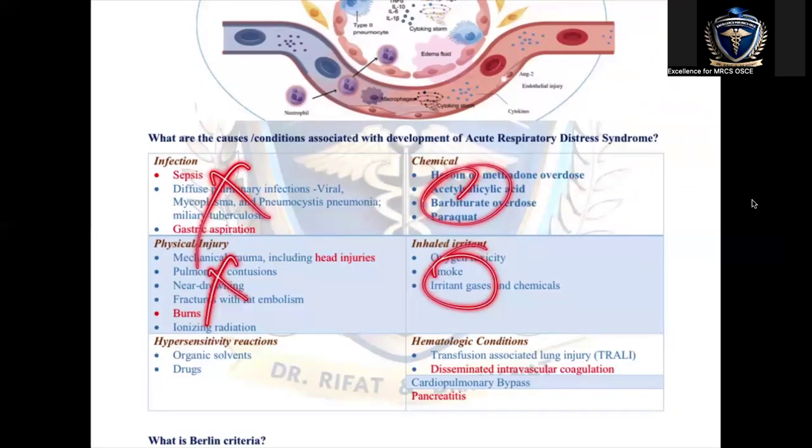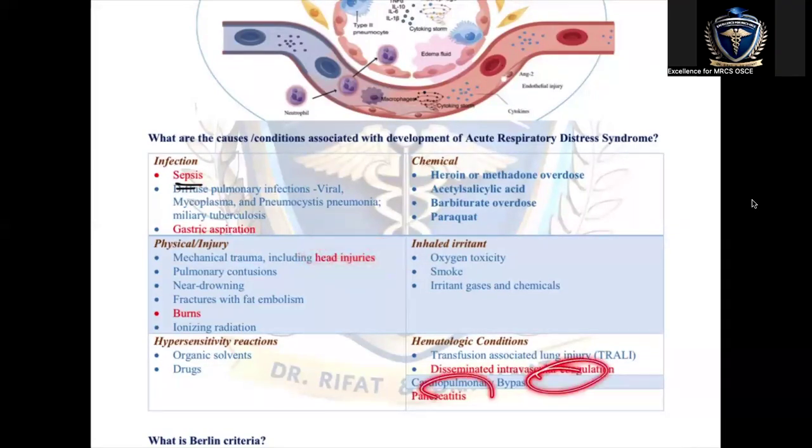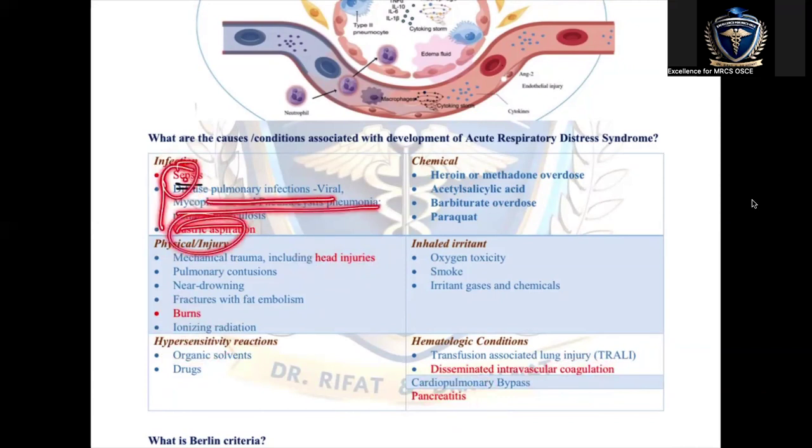Clinically, the important ones are sepsis, gastric aspiration, head injuries, and burn, which you see in daily clinical practice. These are the highlighted ones, so focus on those, especially sepsis and the infections, all the red marked portions.